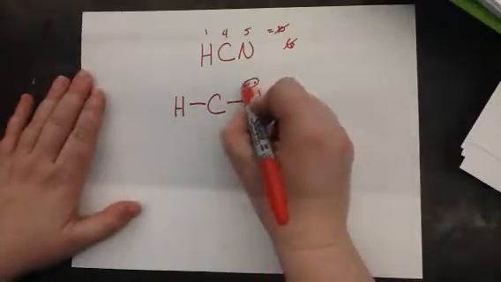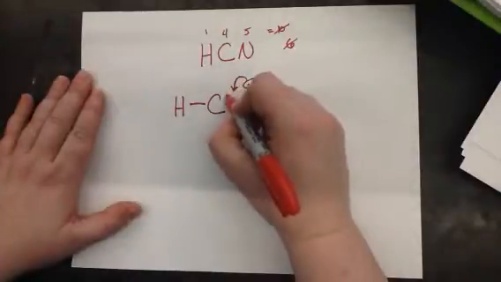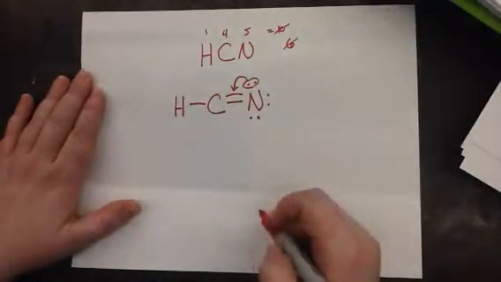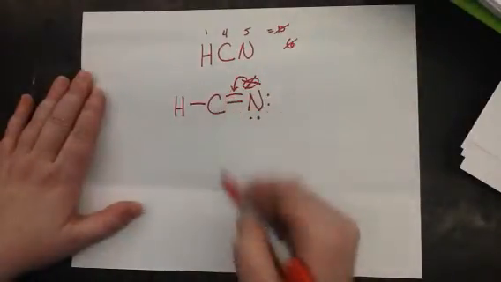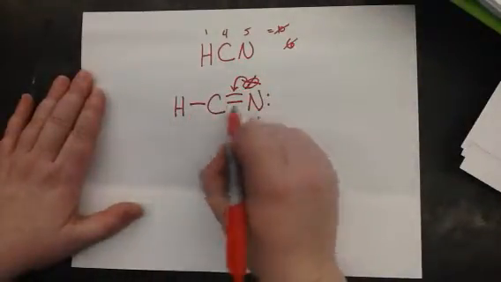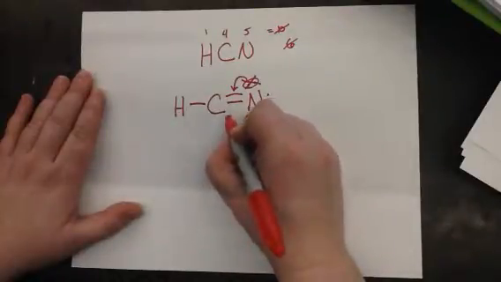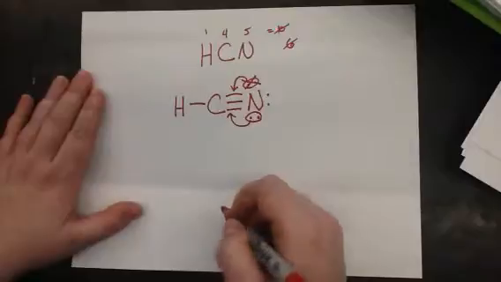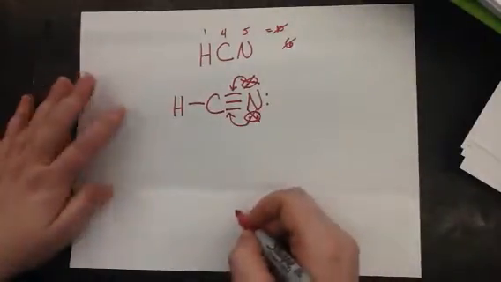So that means 2 of these electrons that were on nitrogen are going to need to come in and become another bond here. So that lone pair no longer exists, it's part of a double bond. And now carbon only has 6, so another lone pair on nitrogen, we're going to move in and make that into a triple bond, and that lone pair goes away.